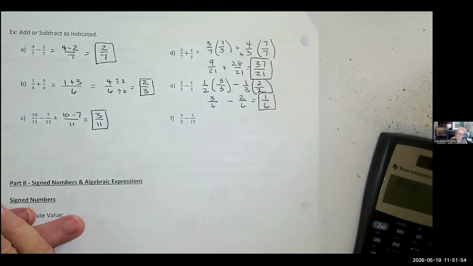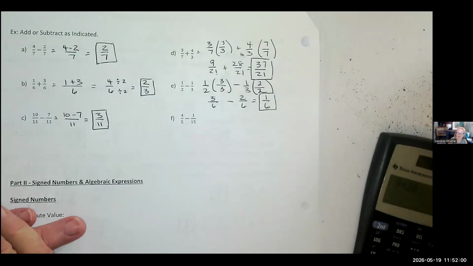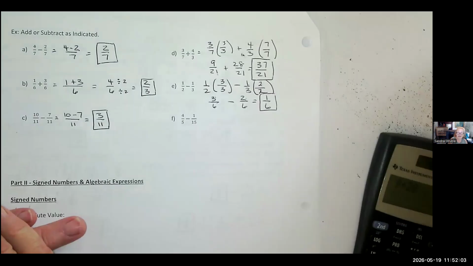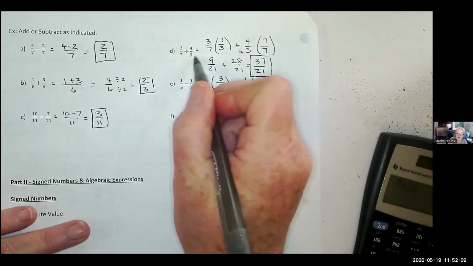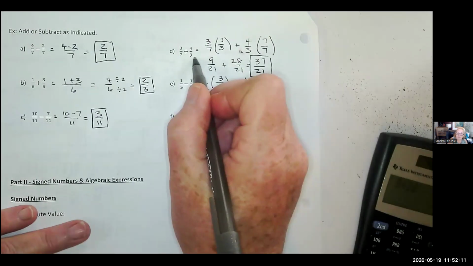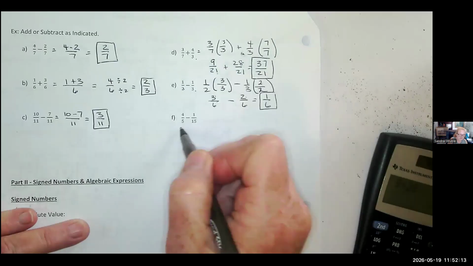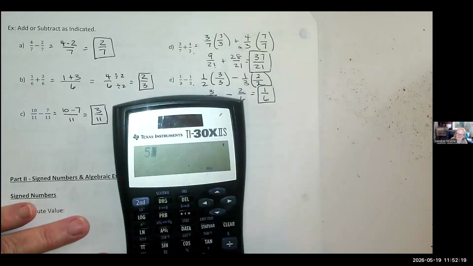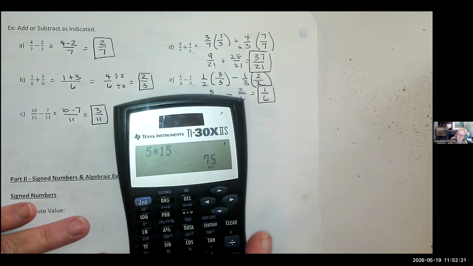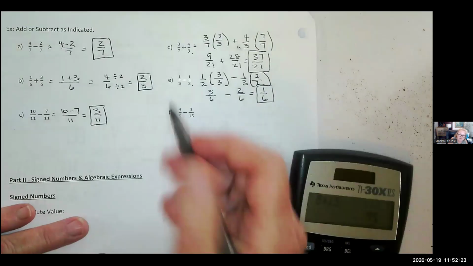Last one. 5 and 15. Is there a number they both go into evenly? Yes. And that number is 15. If up until now you have just been multiplying these two numbers, it doesn't always work that way. In this case, if you multiply 5 times 15, that's what? I don't even know. 75. I don't want to do that. But I know 5 times 3 is 15 and 15 times 1 is 15.